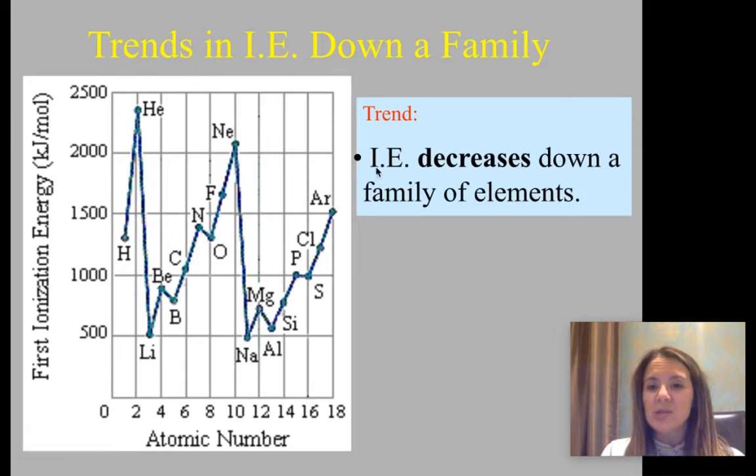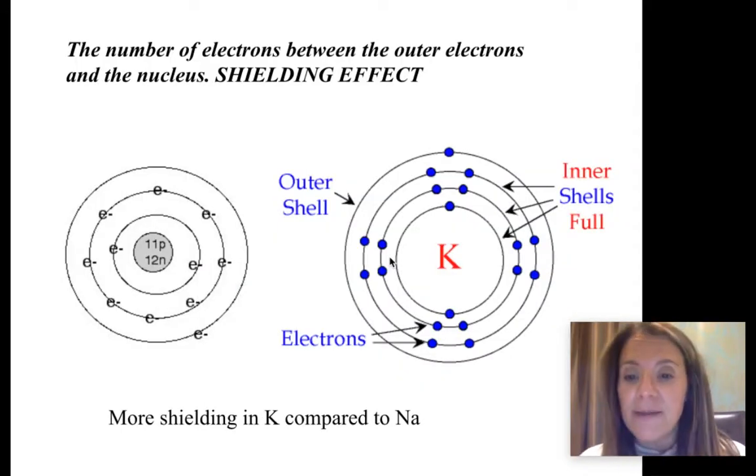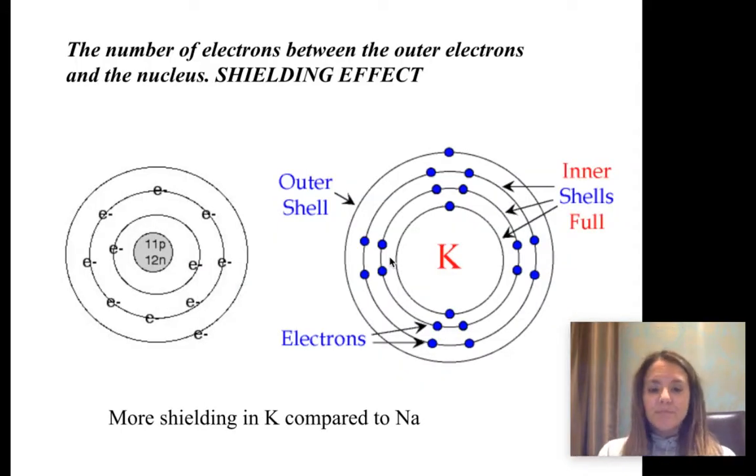Notice that I just do capital I dot, capital E dot for ionization energy. Now, why is that? A couple of different reasons. So here we have potassium over on the right and sodium on the left here. So potassium is the bigger atom. And so it has more shells and therefore a weaker nuclear attraction because those valence electrons are farther away.